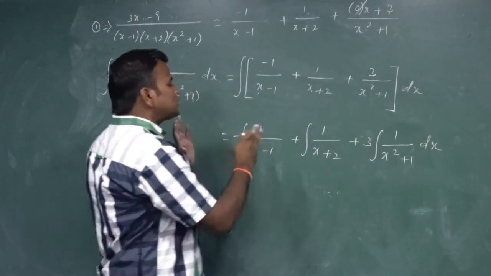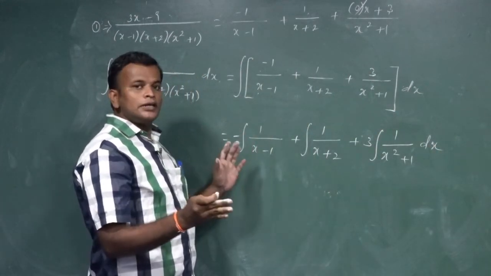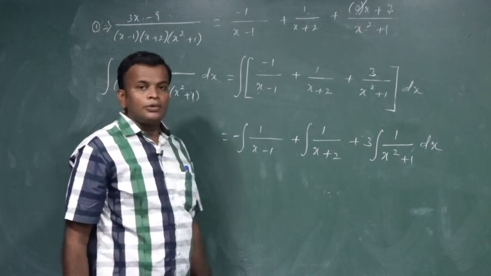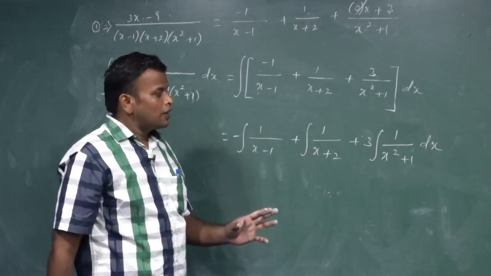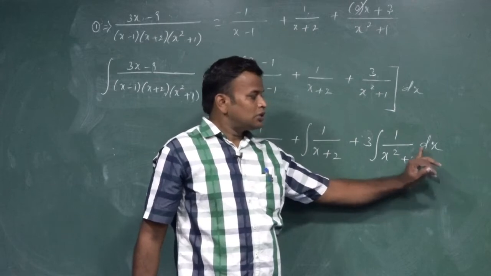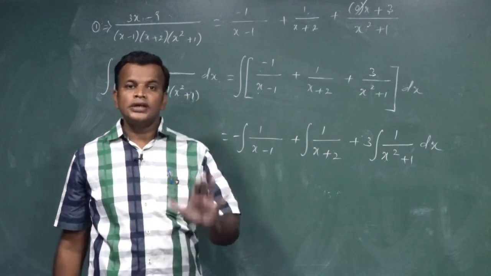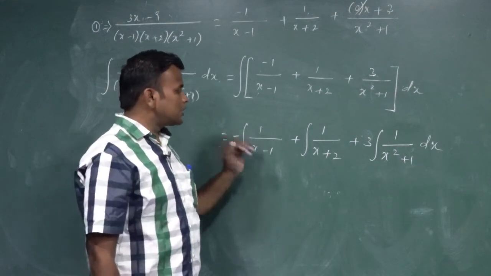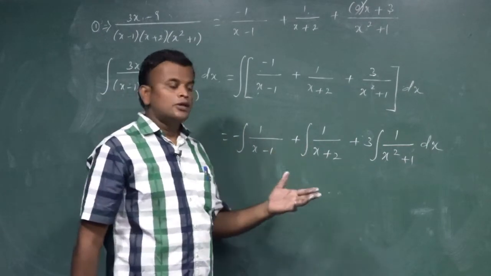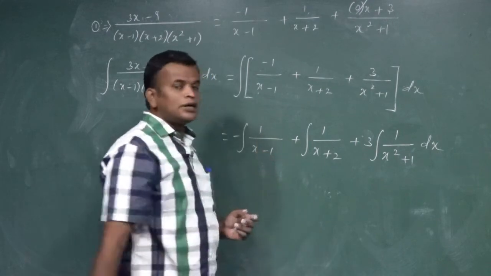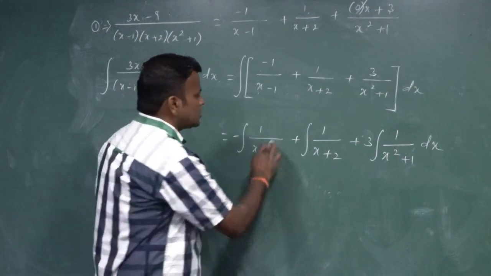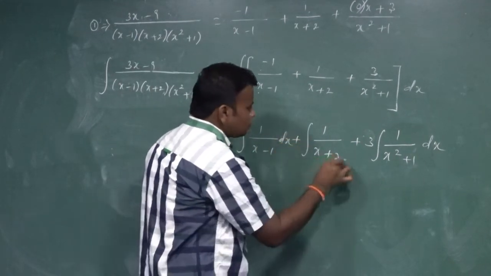We split it into 3 integrations separately, and the term dx is common, but we made a mistake. You put just a dx term in that. You see, for the first and second terms we must also write dx, because we are integrating with respect to x. If we don't put dx here, it is meaningless. So we must write dx here also.